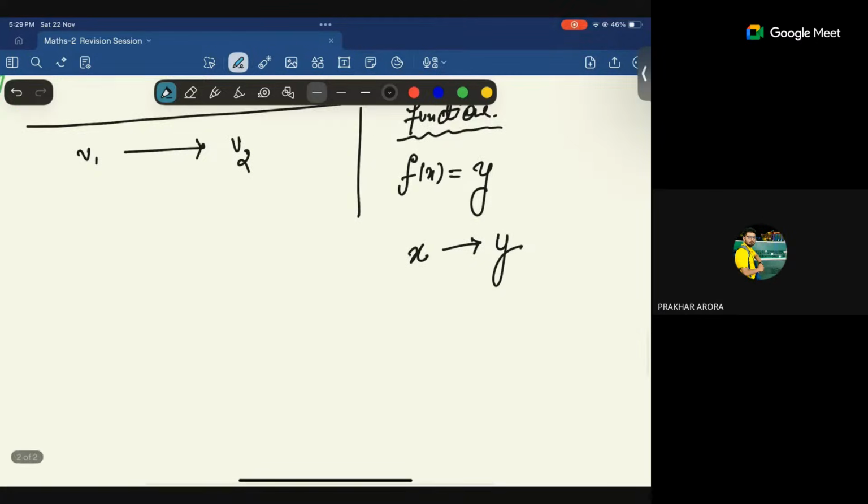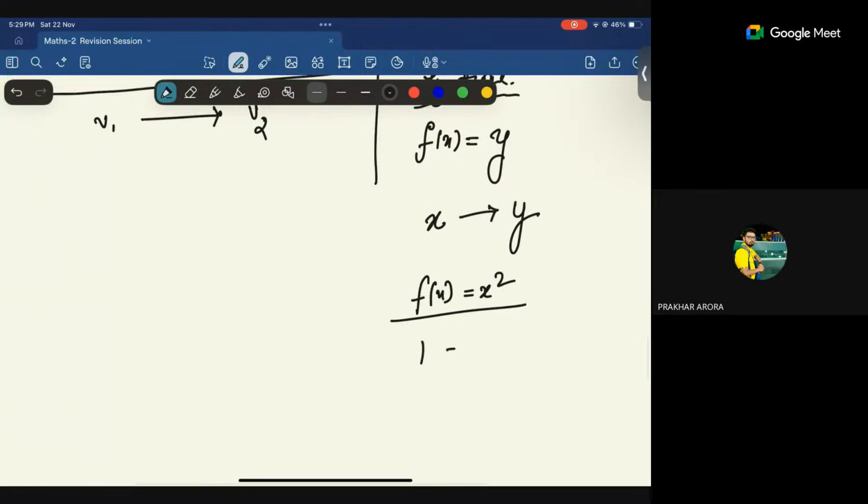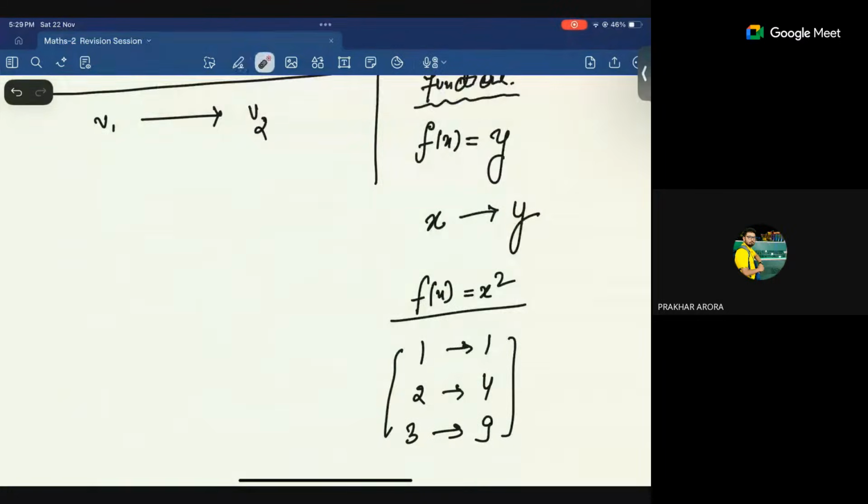For example, a simple function was f of x equals x square. This function looked like 1 became 1, 2 became 4, 3 became 9. Pretty basic. But what is important here is that a number is getting transformed.